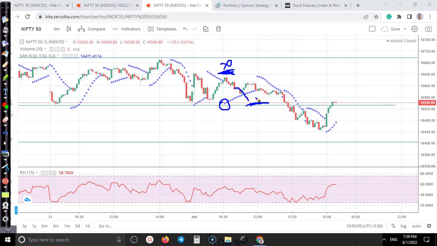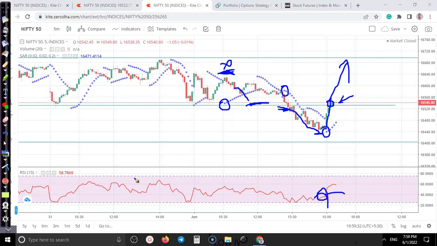Price dropped again, and somewhere there we saw a sell opportunity after breaking this supporting line. Price dropped and we booked our profit. Later we saw some bullish confirmation, price went up, broke this resistance line, we placed a buy order, and we are expecting the price will go up, because RSI is also confirming us.